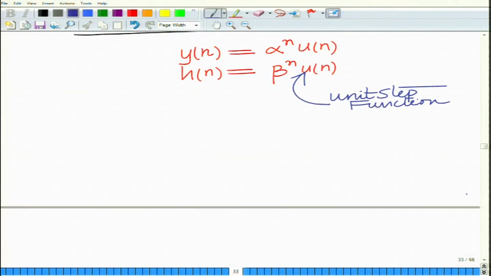Now, we would like to find the discrete time convolution, that is we want to find the output. So, what is the output y n?